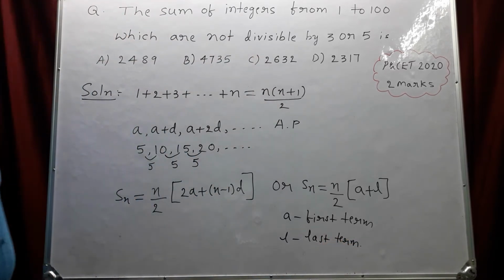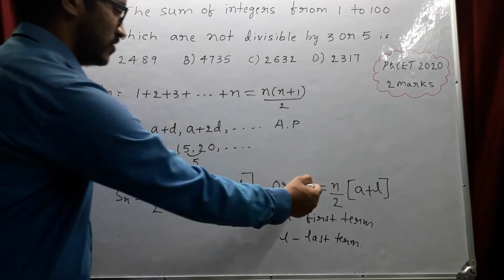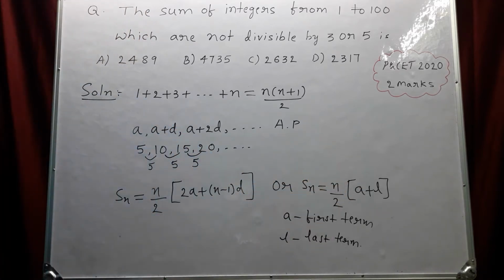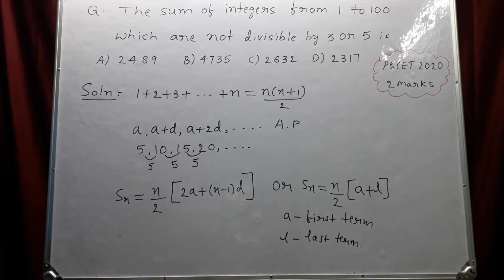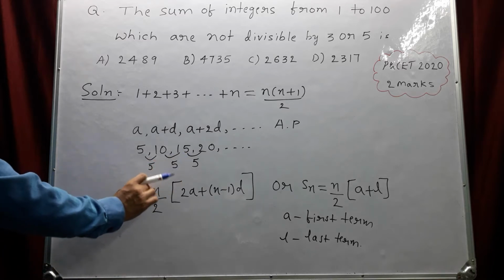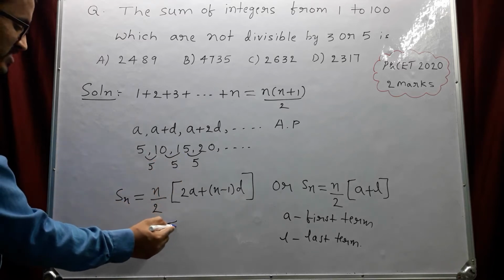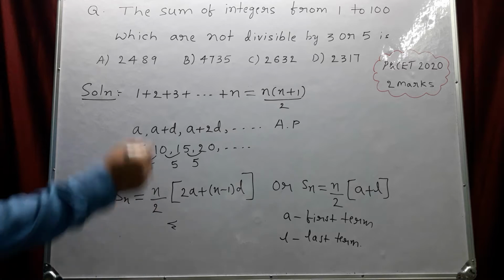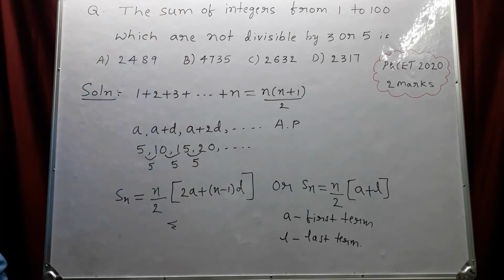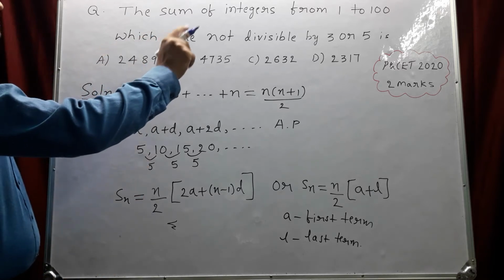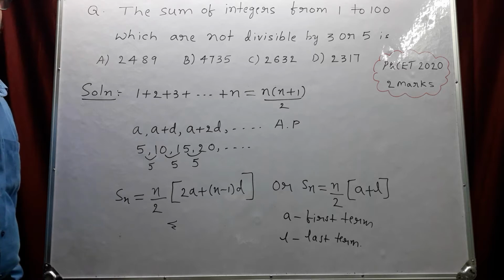So if you know the first and last term, we can use this formula. Otherwise, if you don't know the last term, but you know only the number of terms, then you can use the other formula. So we are going to use these two concepts to find the sum of integers from 1 to 100 which are not divisible by 3 or 5.